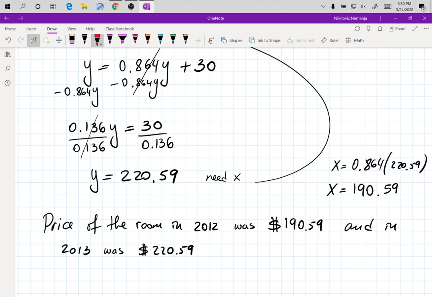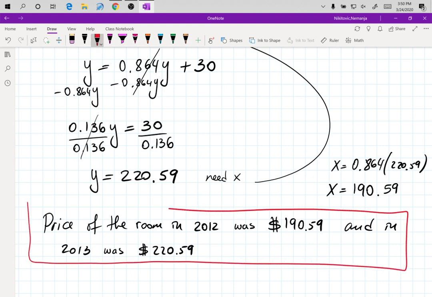This is your answer. This is what you box, the sentence, because that gives you points. If you do not have a sentence answer for a word problem, you are automatically losing points. A minimum of 2, right? If something is wrong, then it's more. So we need to provide a sentence answer for the word problem.